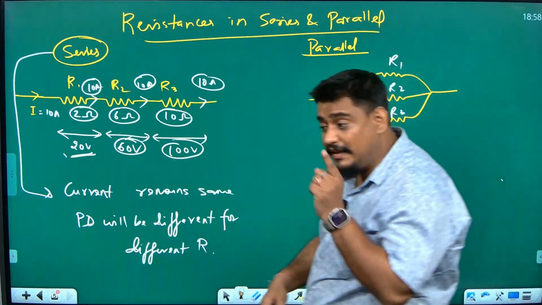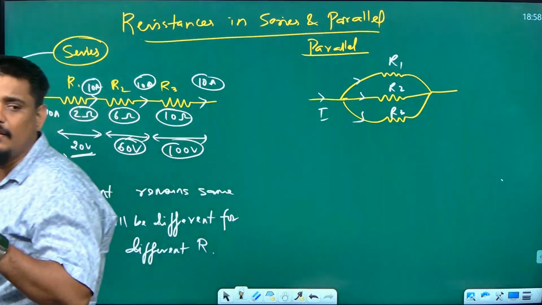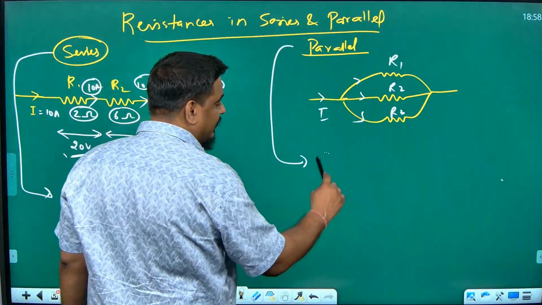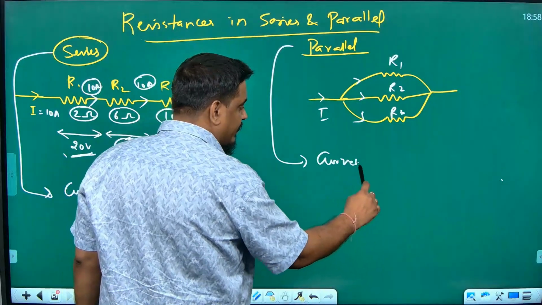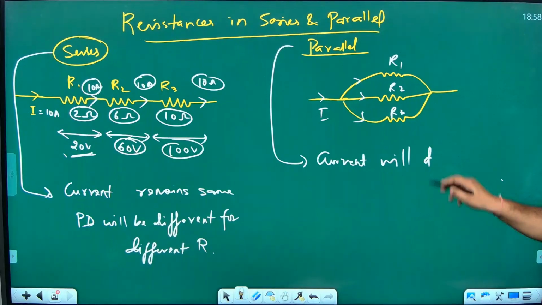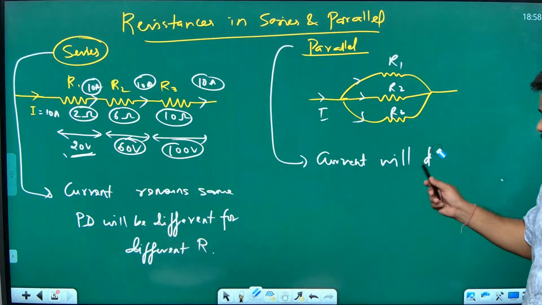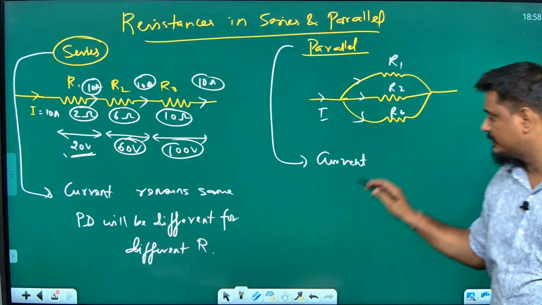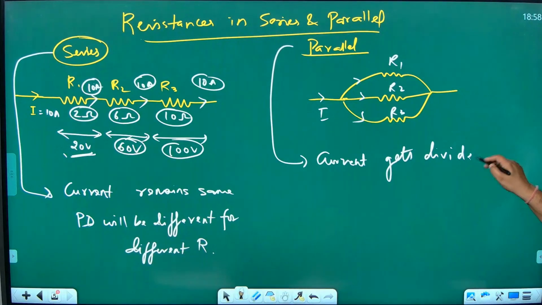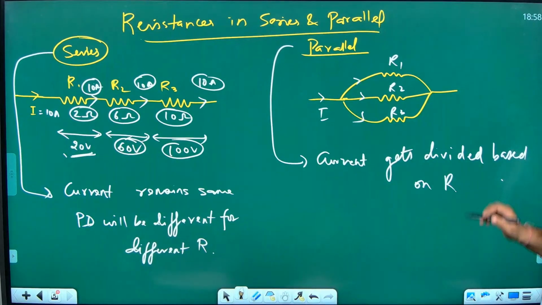So, current gets divided based upon the resistance. So in the case of parallel connection, current will be different, or I should write current gets divided, based on resistances.